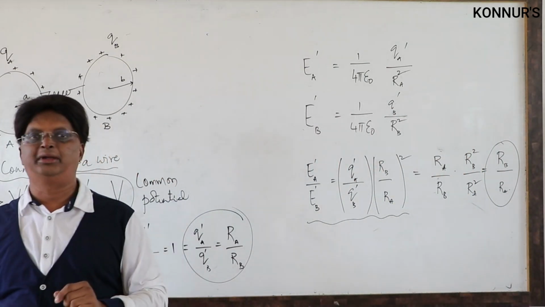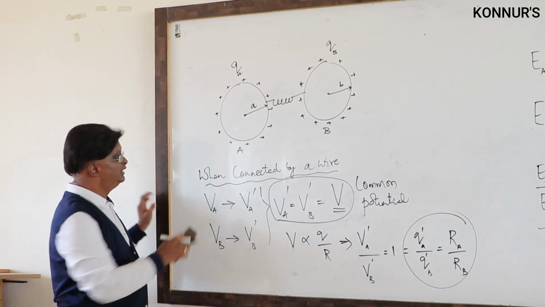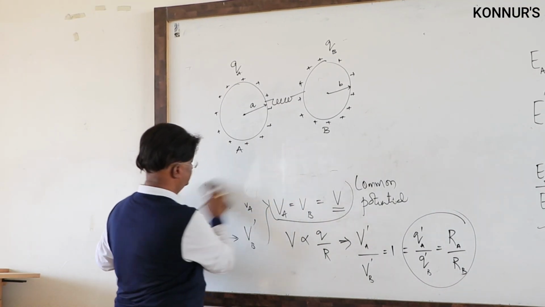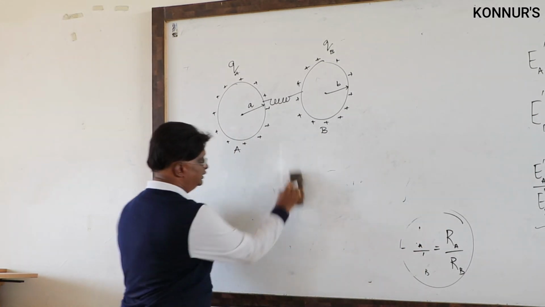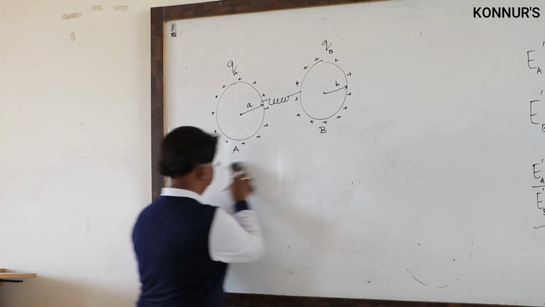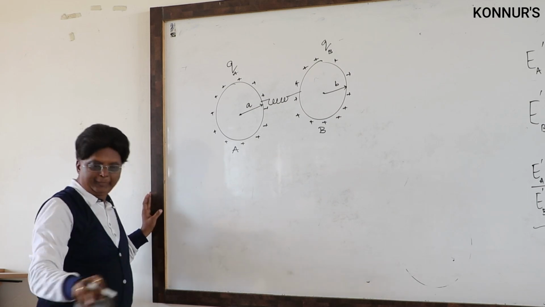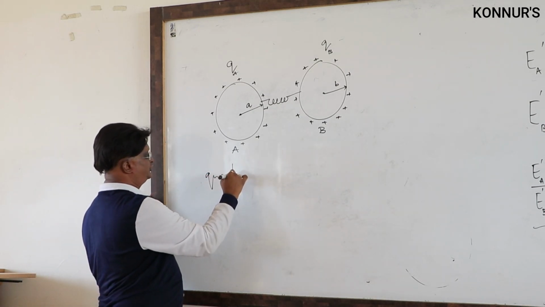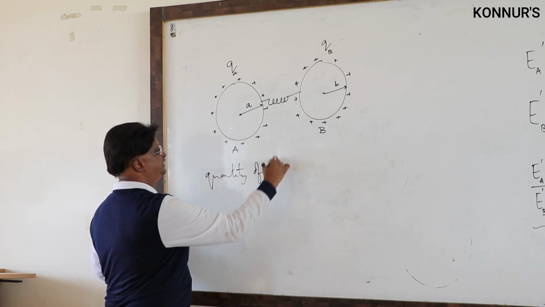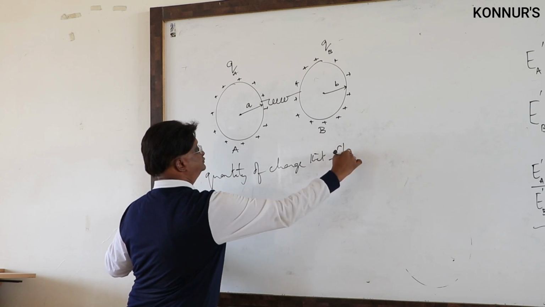See, the same example, here we will have a small change. What is the quantity of charge that flows through the wire? You are asked to calculate the quantity of charge that flows.